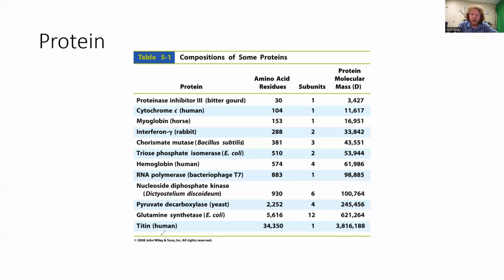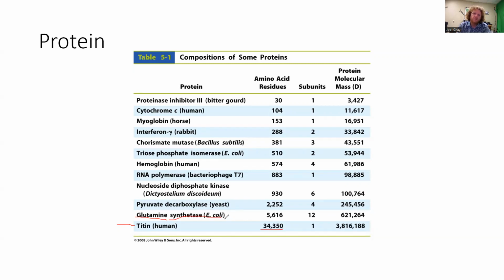This protein at the bottom, Titin, this is the largest known protein, and it has a total of 34,350 amino acids. Now, each one of those amino acids is approximately 110 Daltons, so the total is 3,816,188 Daltons. As an alternative to that, we've got an enzyme known as glutamine synthase.